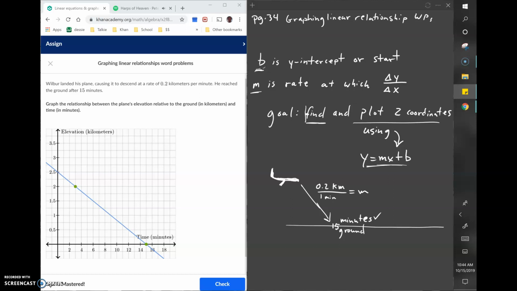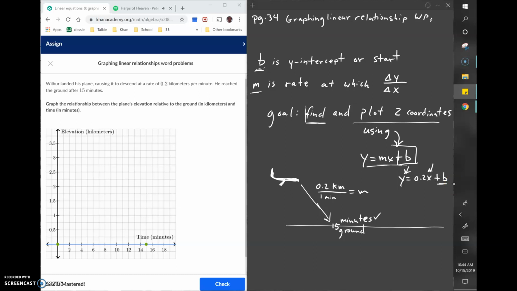And then we can use that coordinate point and the slope to graph the y-intercept. If we know b, we can put this last dot somewhere on the y-axis. So let's find out what b is. The way we do that is by substituting the information we know. So we know that m is 0.2, times x, plus b. If we change out y and x with numbers, then the only variable left will be b.